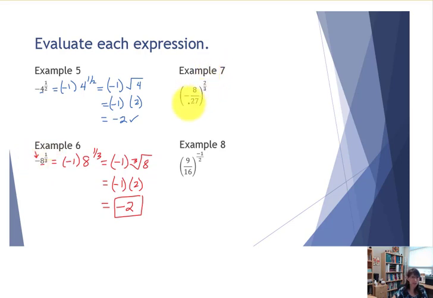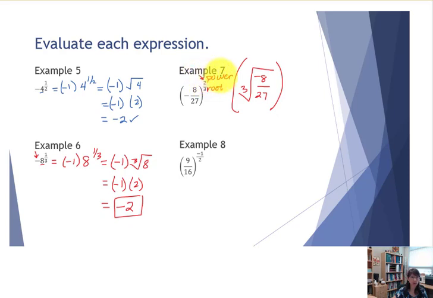For example 7, notice we have parentheses now showing up. So the negative is assigned to the fraction 8 over 27. This fraction is raised to an exponent that has a power of 2 and a root of 3. So I know it's a cube root problem, and I know there's a fraction involved, and negative 8 over 27 is the fraction, and this will be raised to a power.